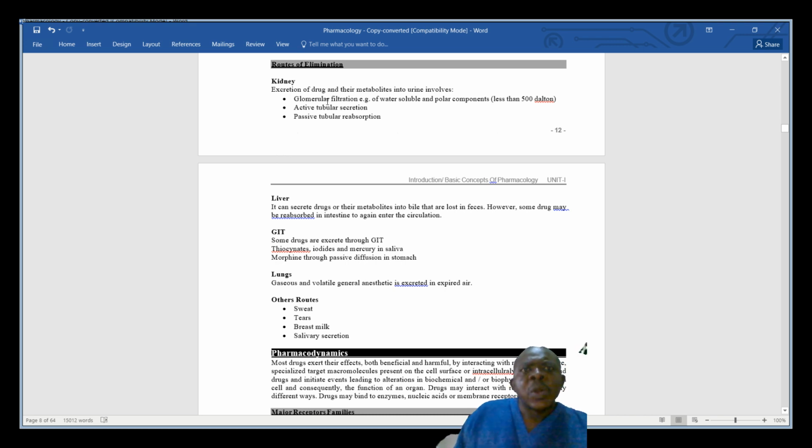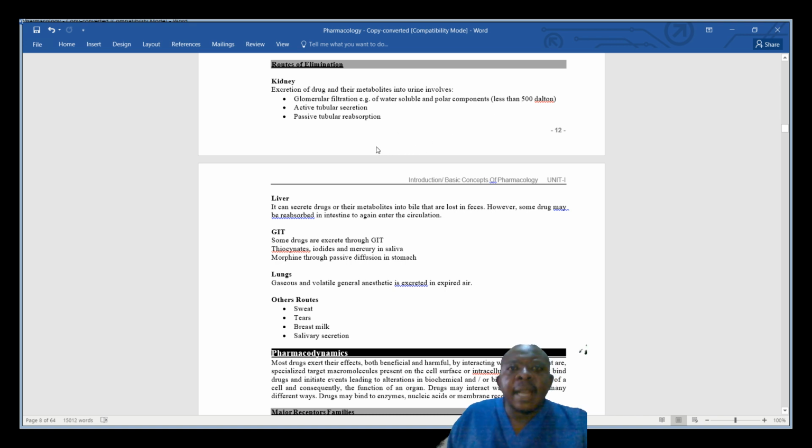Now, what do we mean when we say the routes of elimination? We say kidney. This is the excretion of the drug and its metabolites into urine. It involves glomerular filtration, for example of water-soluble and polar compounds less than 500 Dalton, which are removed.